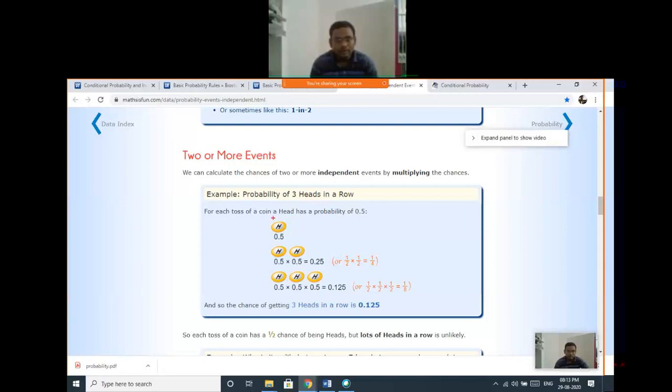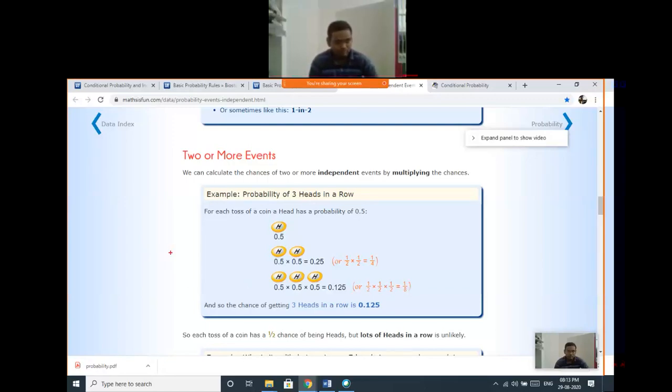And if you are tossing three times, then you have to multiply 0.5 three times, that is 1 by 2, 1 by 2, 1 by 2. So the total probability is 0.125. Sorry, 1 by 8, 2 into 2 into 2, so 1 by 8.